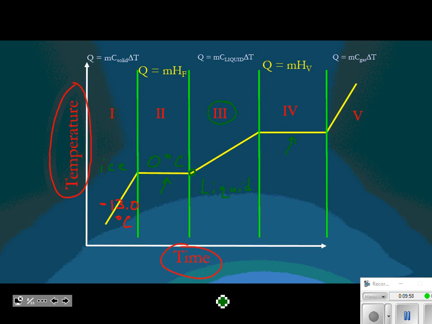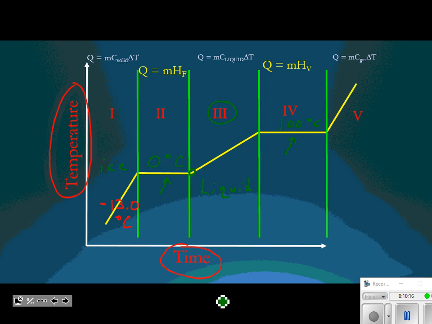Now that plateau in area 4 is going to be the boiling point. What does water boil at? What temperature? 100 degrees Celsius. Good. So this right here is going to be 100 degrees Celsius.